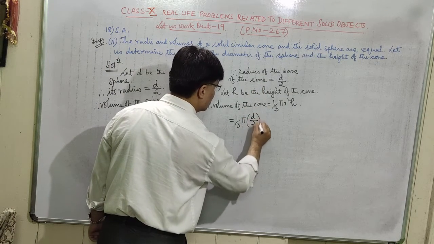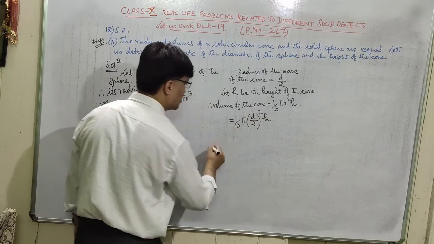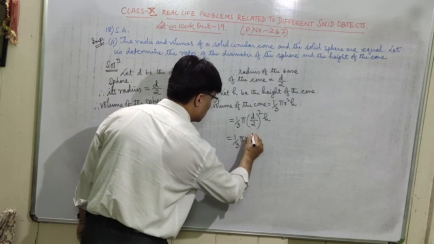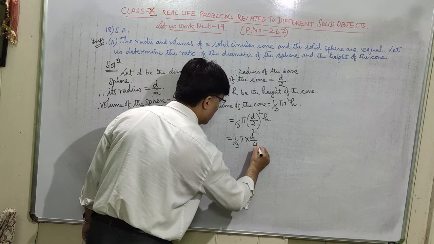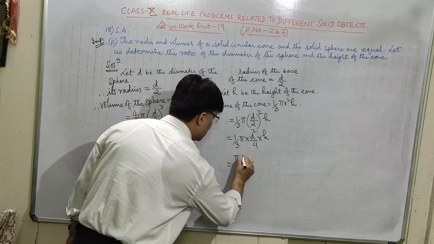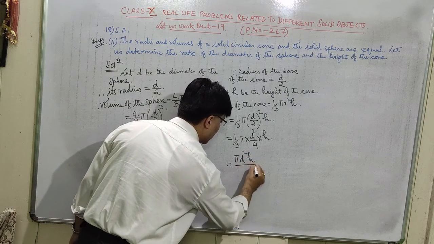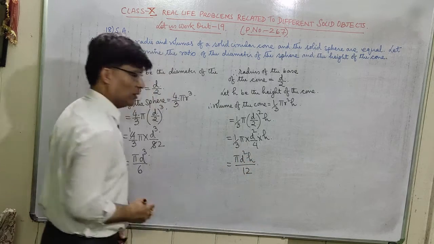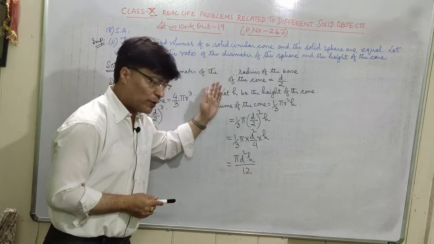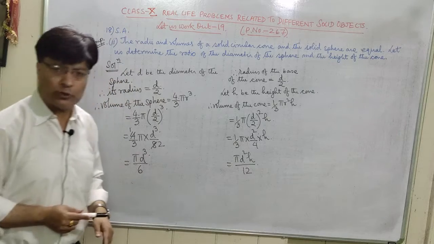It is d by 2 whole square into h, which is equal to 1/3 pi into d square upon 4 into h. So which is equal to pi d square h divided by 3 fours are 12. Now this is the volume of the cone. So what is the volume of the cone? It is pi d square h upon 12.